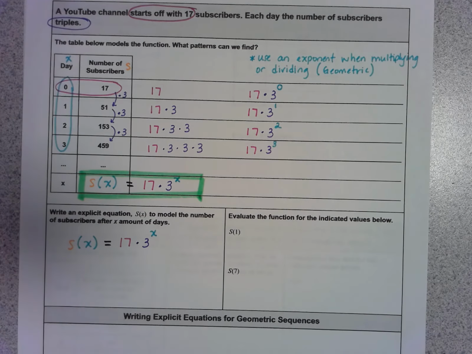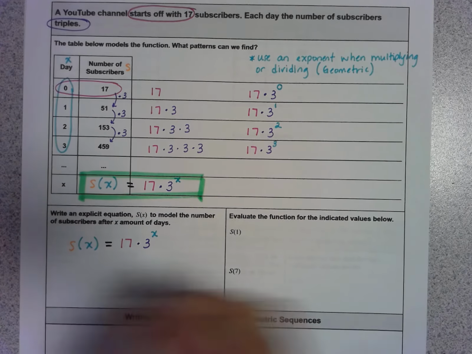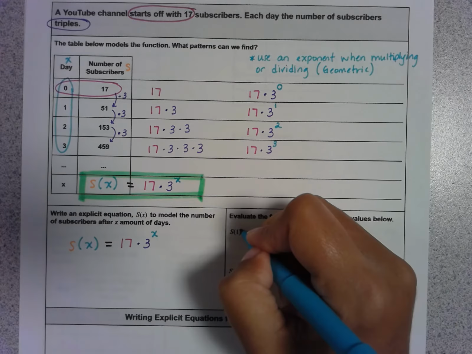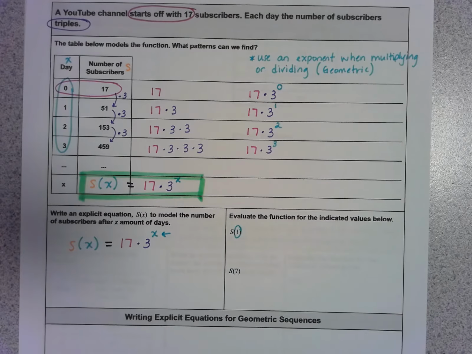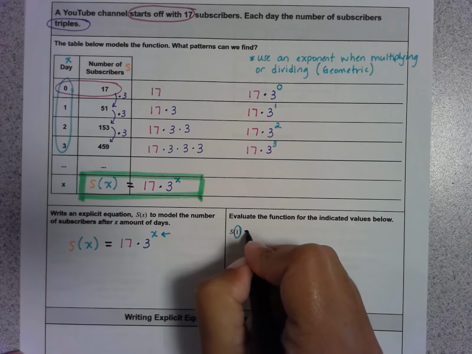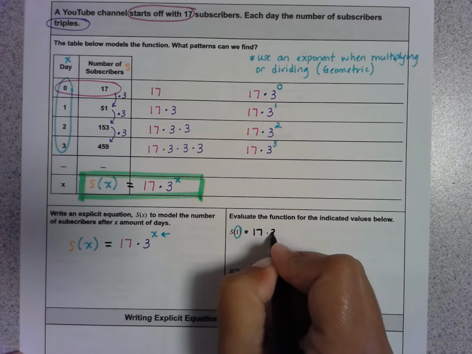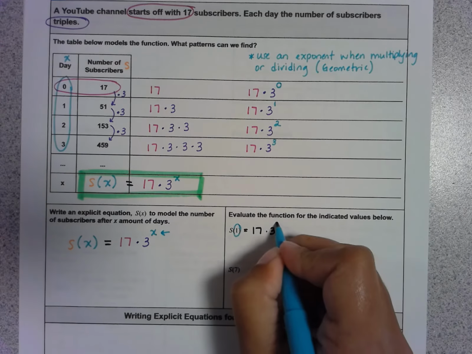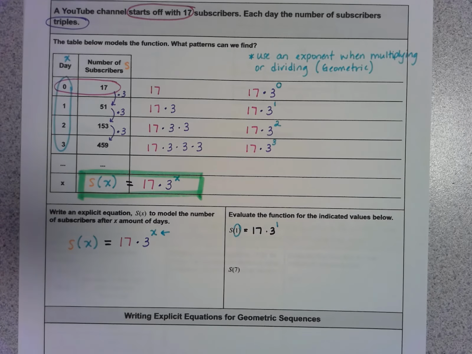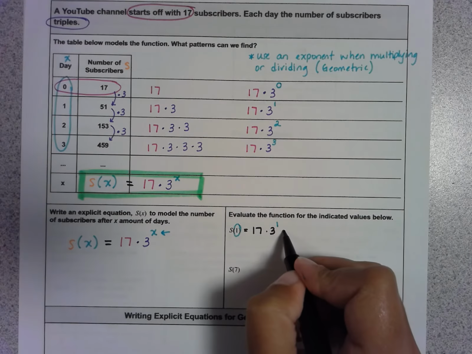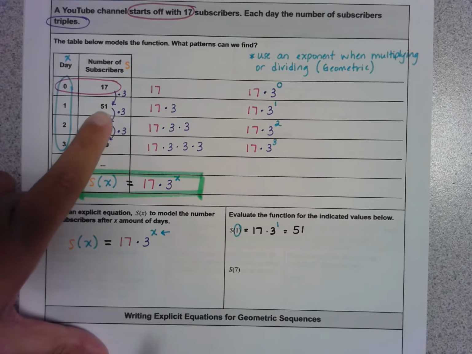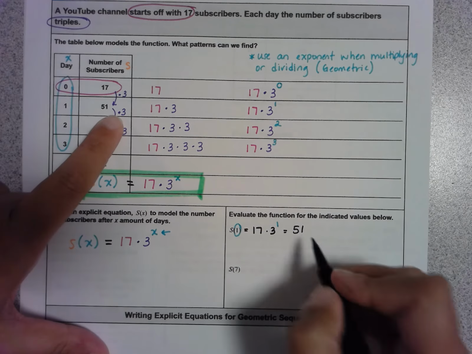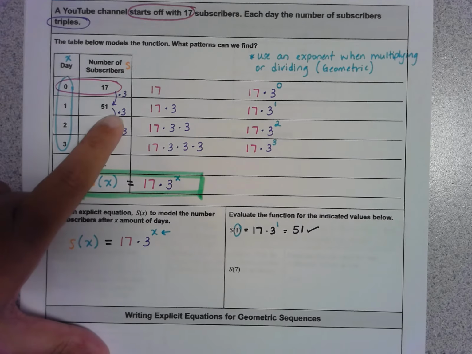So to figure this out and to make sure the equation is correct, I could take the number 1 and just plug it into the equation instead of the X, which means I have 17 times 3 to the first power. Now I could use my calculator here, or I could know that 17 times 3 is 51, which checks out. It matches the input-output combination in the table.